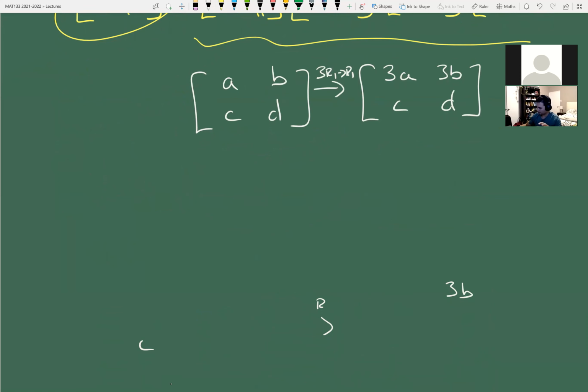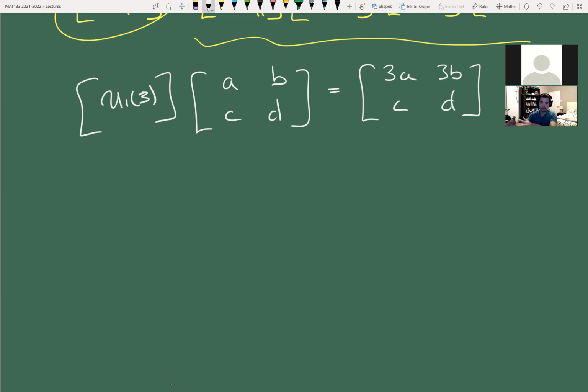Let's get rid of all this. You agree, that makes sense? So what I want to do is, instead of doing that, I want you to tell me what matrix to put here that does the exact same thing, such that when I multiply it into the matrix, I get that matrix on the right.